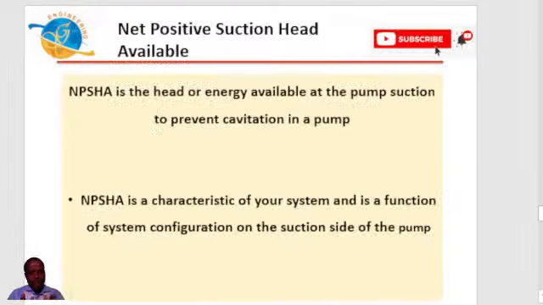So starting with NPSHA. NPSHA is simply net positive suction head available. There is no way you will talk about a centrifugal pumping system without mentioning NPSHA. And NPSHA is nothing but the energy or the head available at your pump suction to prevent cavitation in a pump.